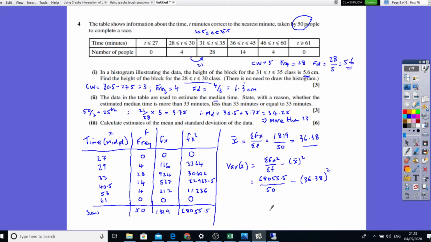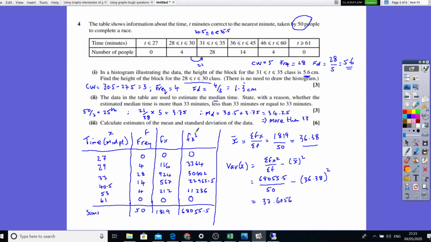When you put that straight into your calculator, you'll end up getting 37.6056.